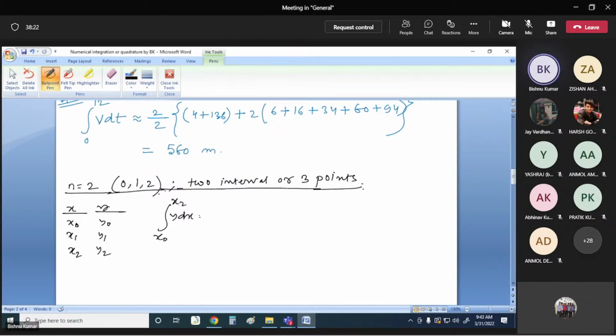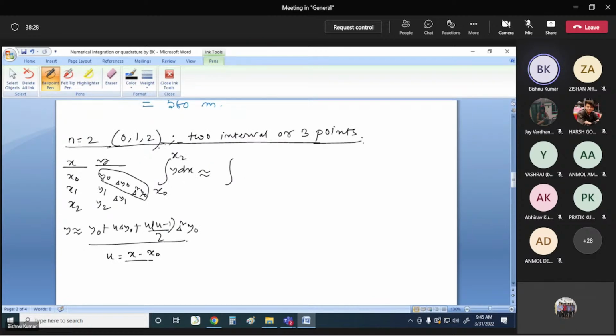Where u is x minus x0 by h. That is the Newton forward interpolation, isn't it? So that value I will use here.